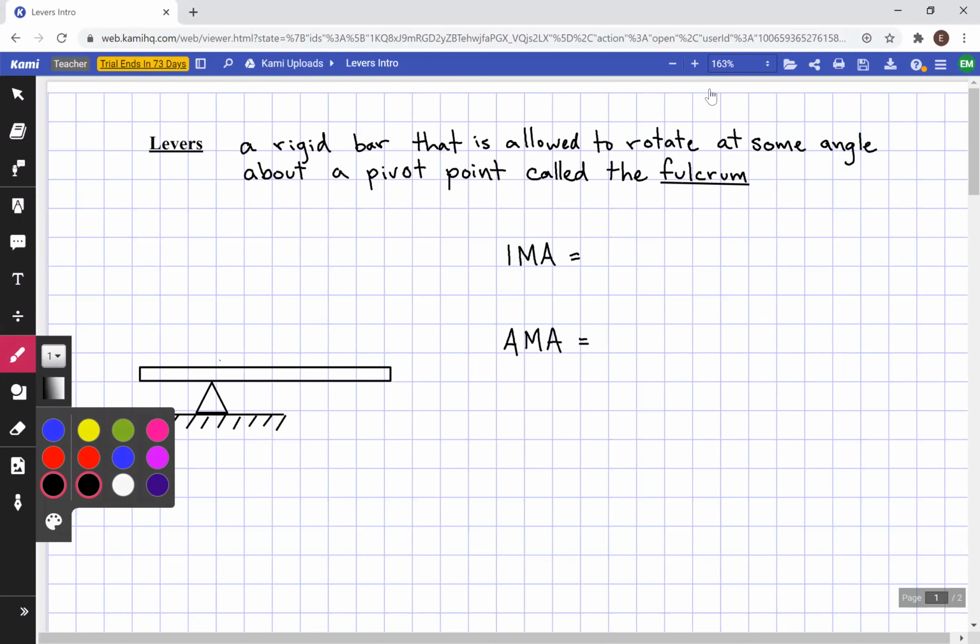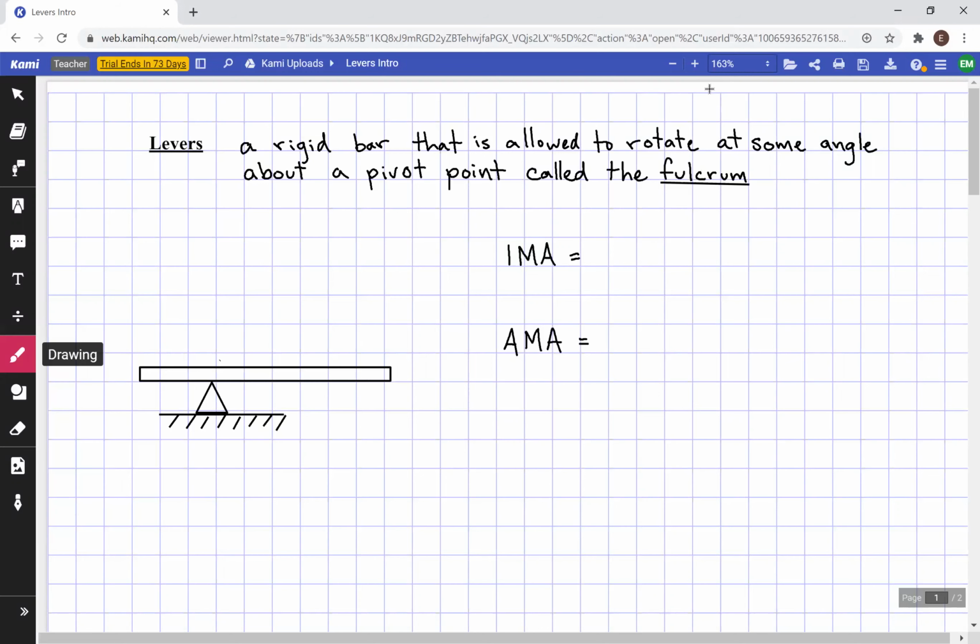Now, if I want to calculate the ideal mechanical advantage, that is the ratio of the distance traveled by the effort force to the distance traveled by the resistance force. And a way that you can remember that is the expression, I'm a deer. You can kind of see how that shows up.